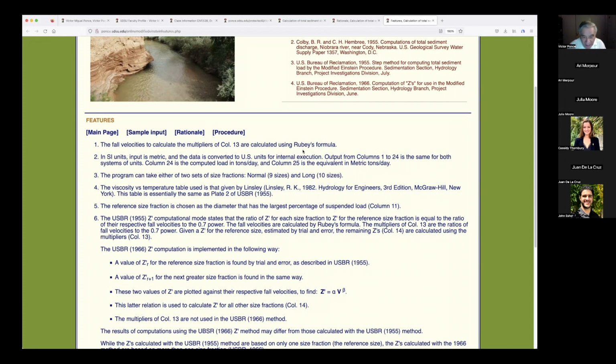Okay, the ratio of C prime for each size fraction to Z prime for the reference size is equal to the ratio of the respective fall velocities to the 0.7 power. How did they get this?